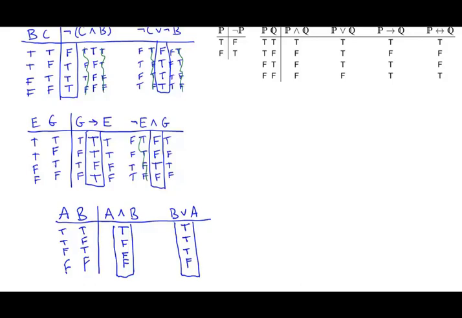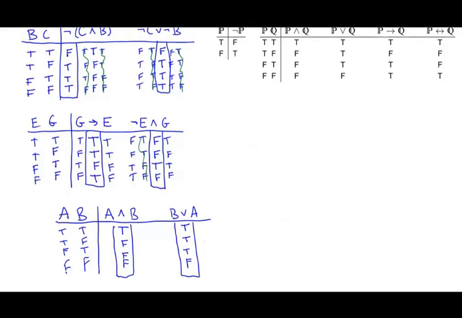Now you notice that the columns under the main connectors of these formulas neither match nor are they opposite. In some cases we have the same value, and in some cases we have opposite values. So what we say here is that this pair of sentences is neither truth functionally equivalent nor truth functionally contradictory.